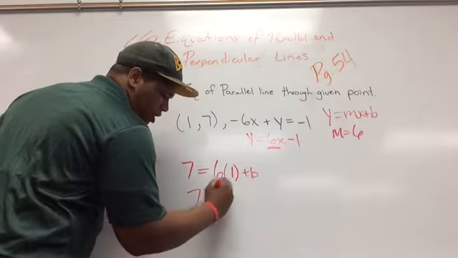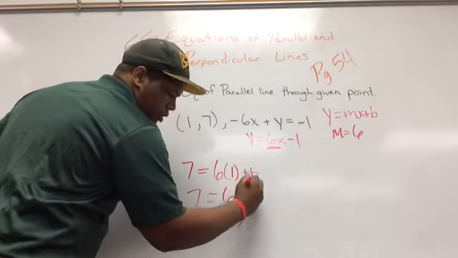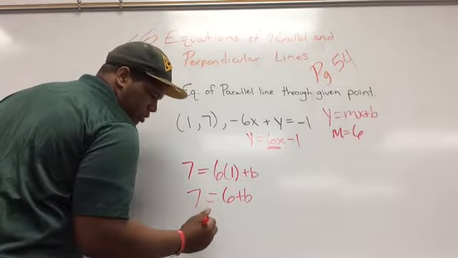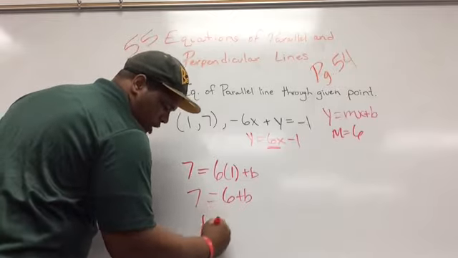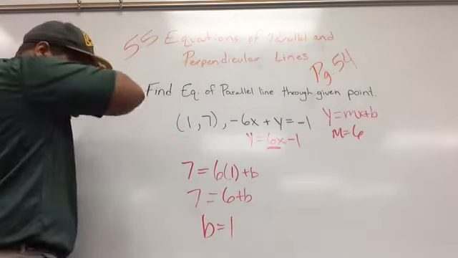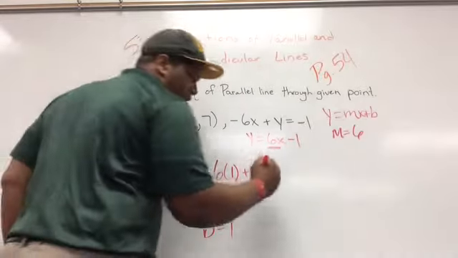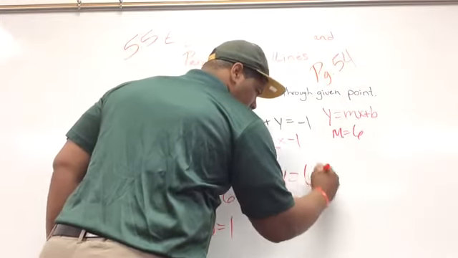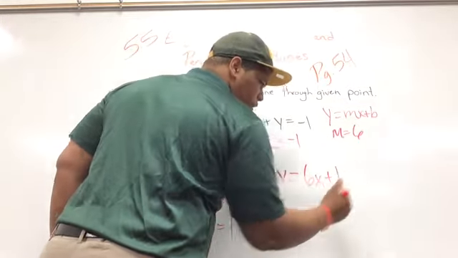So now I have 7 = 6 + b. Then I'm going to move this 6 over to this side, so I'm going to have to subtract 6. And I'm going to get b = 1. So now I know my final equation for a parallel line is y = 6x + 1.